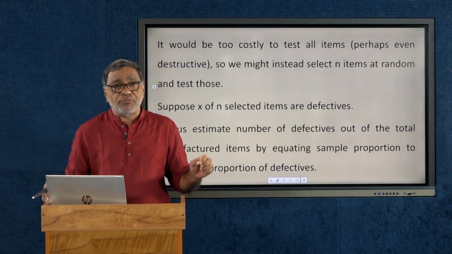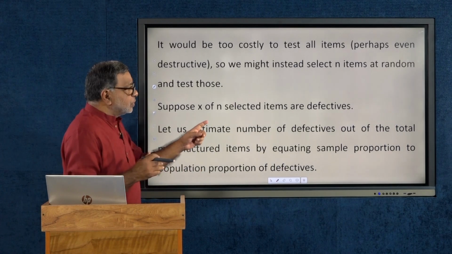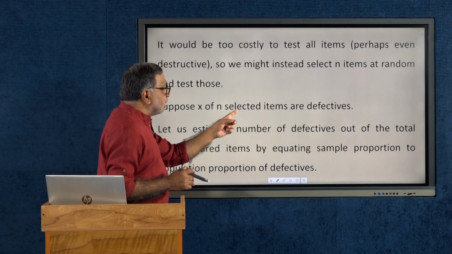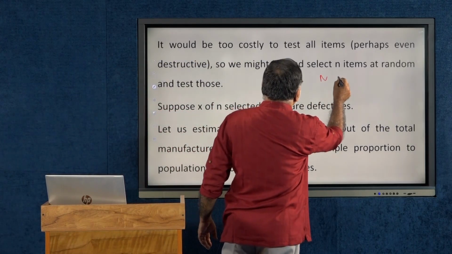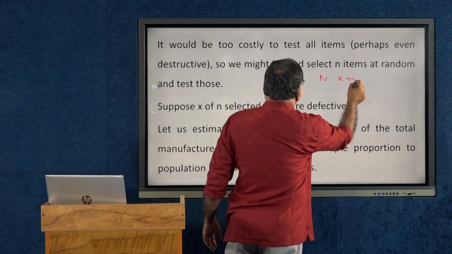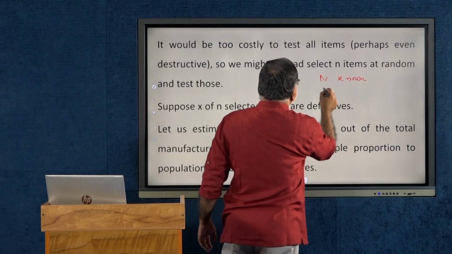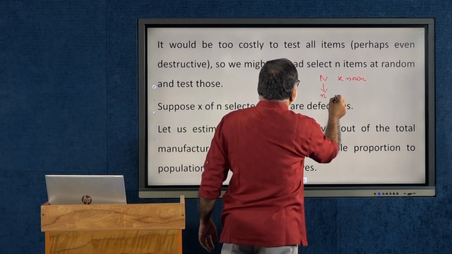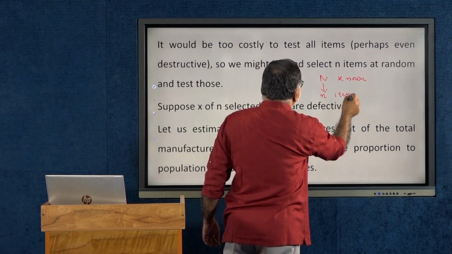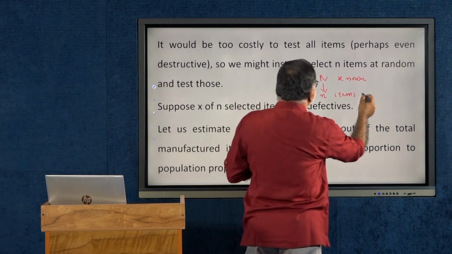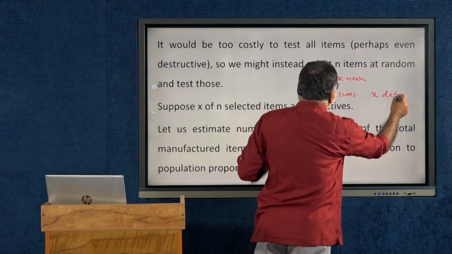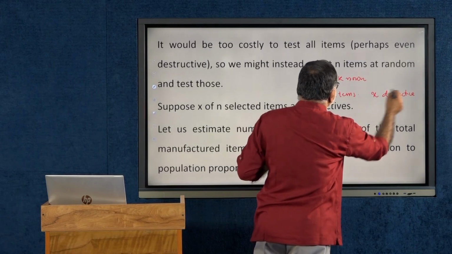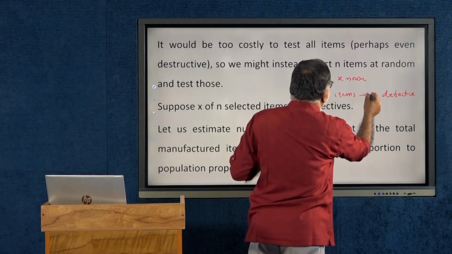Suppose x of the n selected items are defective. Total N is known here, and we select n items from here and identify how many are defective. Suppose x are defective out of these n items.